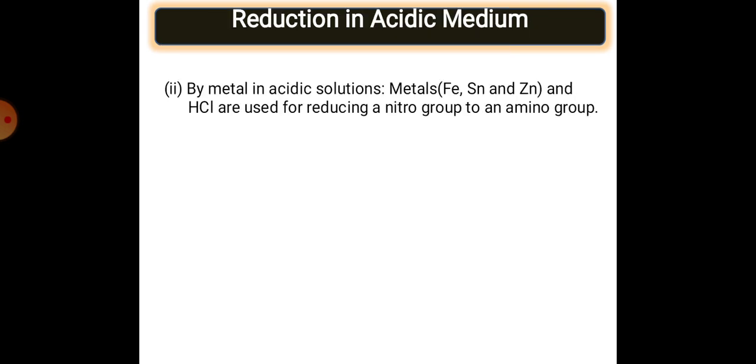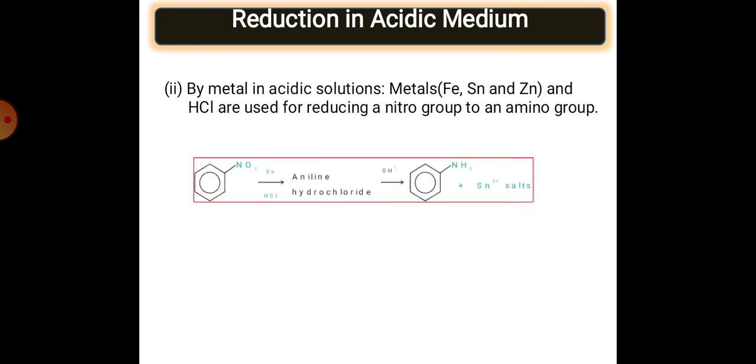Next one, reduction in acidic medium. What will happen when that NO2 group is treated with acid? I treat it with Fe, Sn, or zinc, but in HCl. Again that will be converted to NH2. So it is another type of reduction, but in acidic medium. The nitro compound first gives aniline, but due to the acidic medium, aniline, a lone pair containing molecule having basic character, takes the proton from HCl.